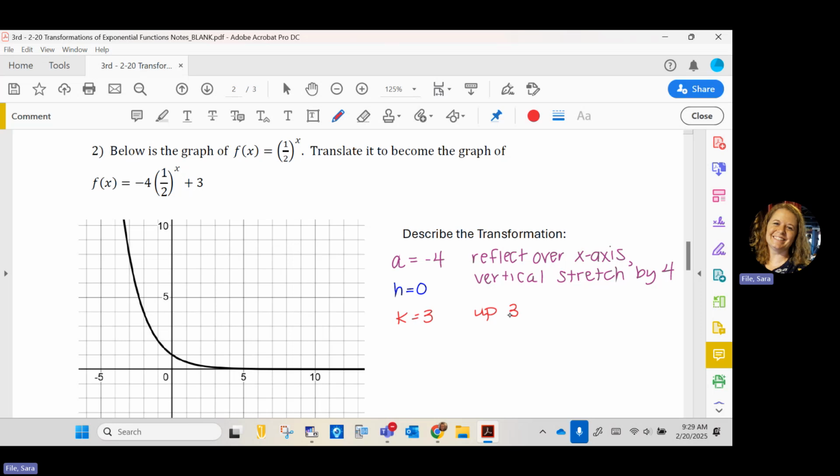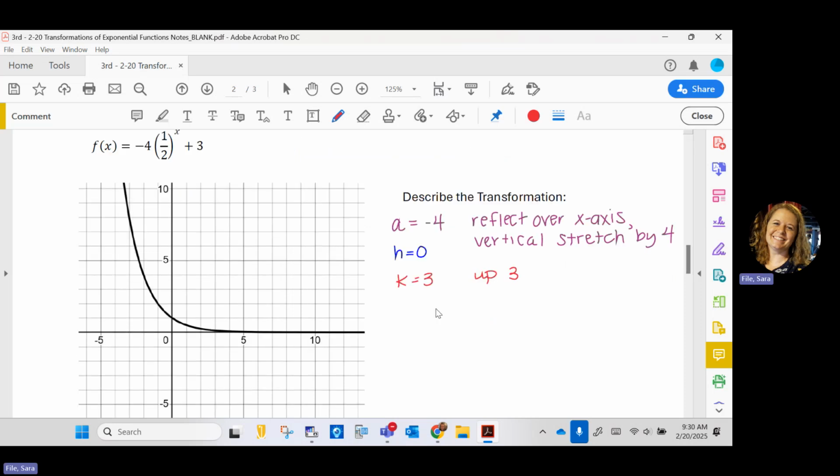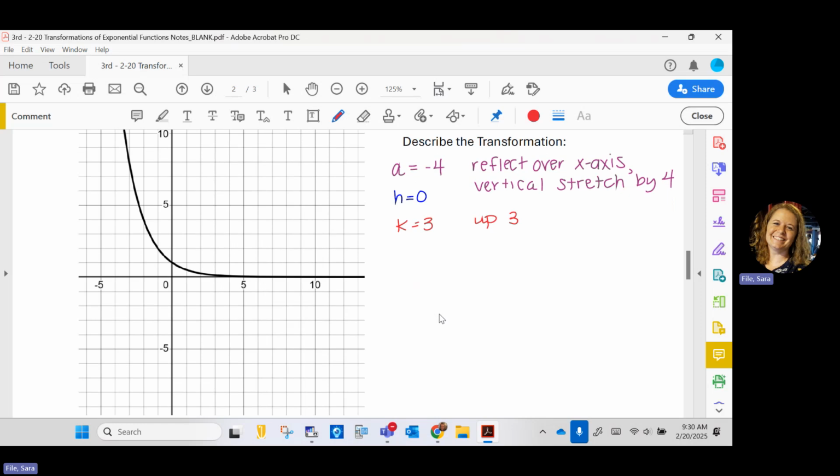Okay, that's our process. Now, can anybody tell me where the asymptote will be here before we start trying to move points? At 3. Remember, it's always going to be at y equals k, and k is 3. So we're going to draw a line at y equals 3. That is my horizontal asymptote.